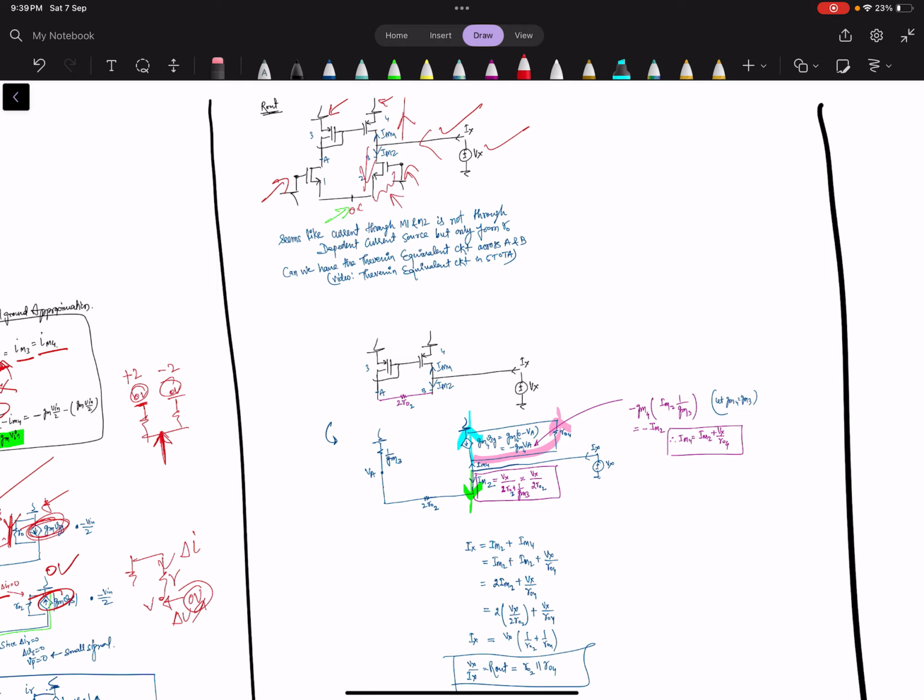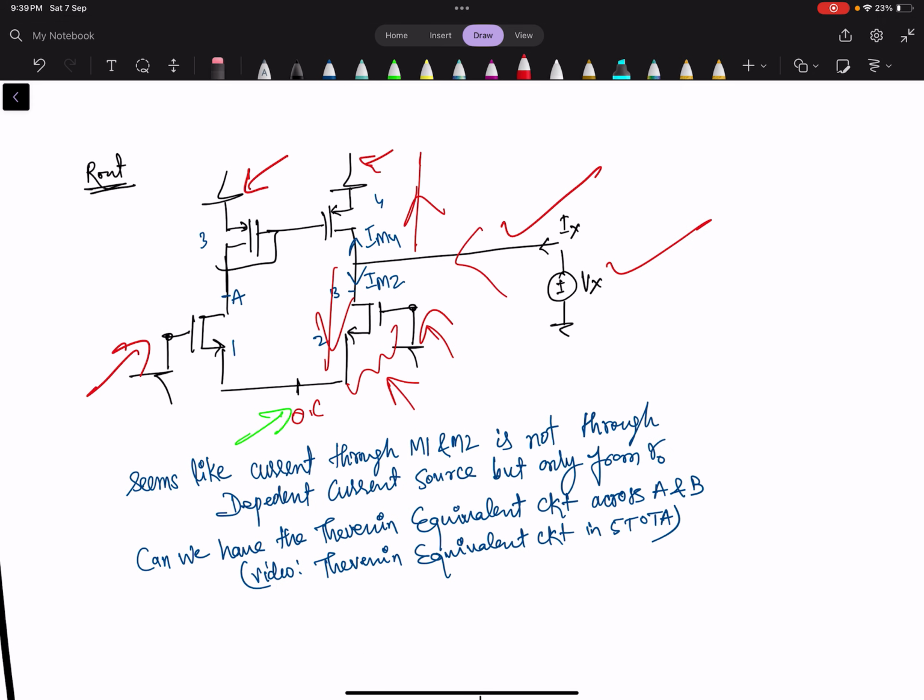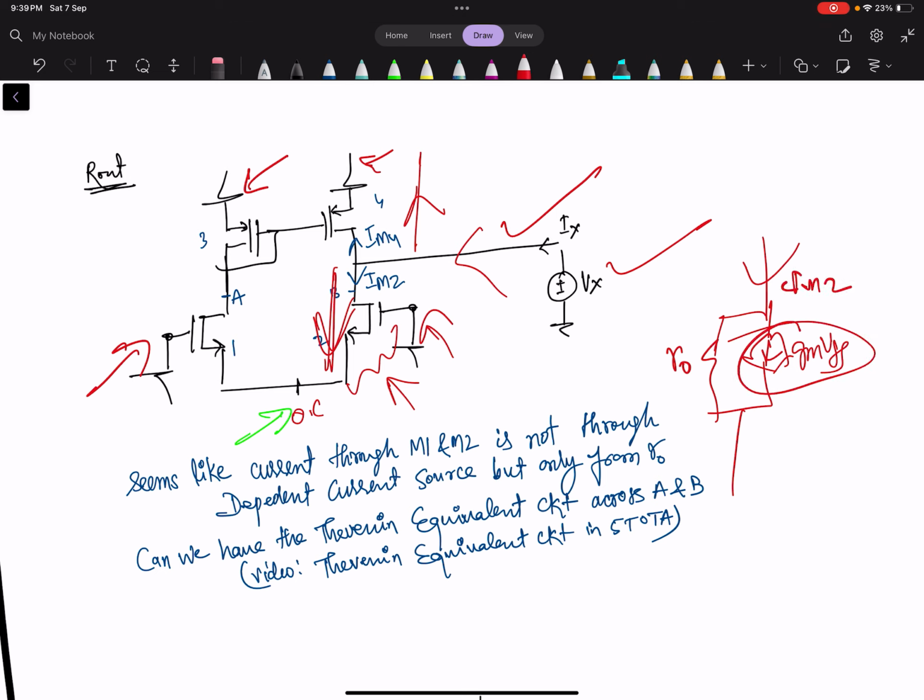Okay, and here VGS is somewhat looking 0 or what. So whatever the current through this, will it go from the GMVGS or not? This current IM2, will it go from this or this only? This.